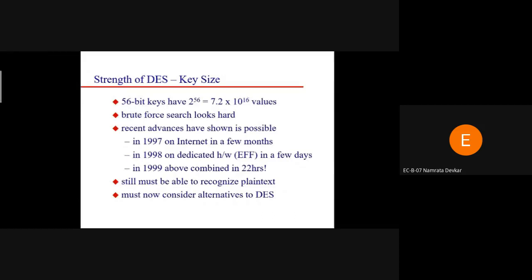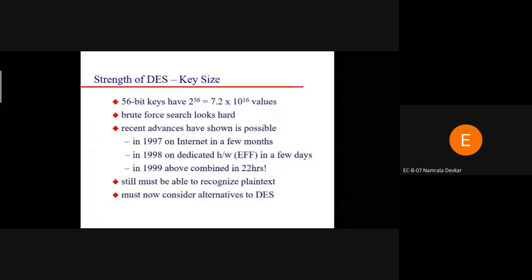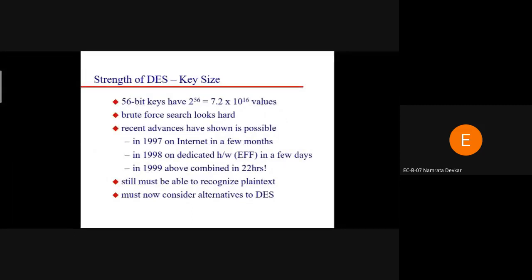A single 56-bit key space contains 7.2 into 10 raised to 16 values. By using such a large key, we can encrypt the data. If we use such a key for encryption, our system will be more secure. So that large a key can be used in the Data Encryption Standard.